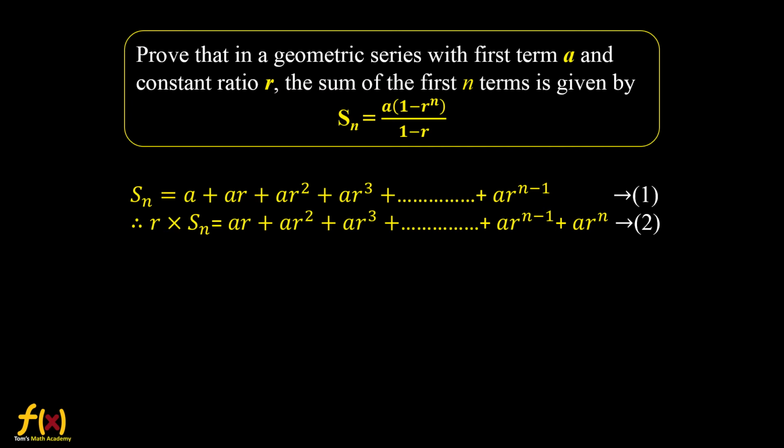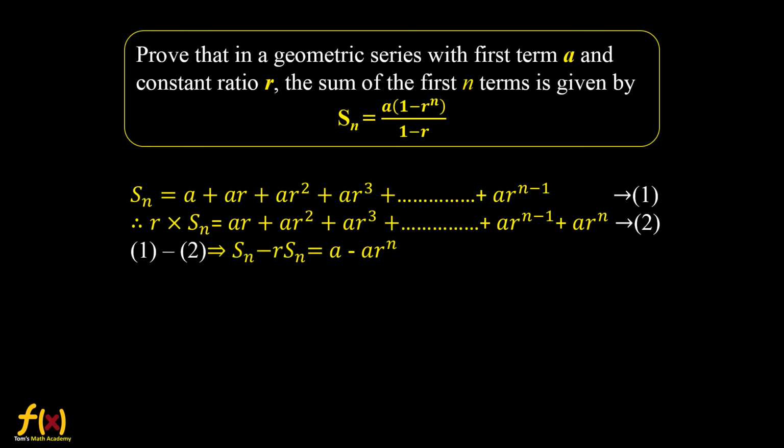So we get r times Sn equal to, multiply each and every term by r, we get ar plus ar square plus ar cube, up to the last term, ar to the power n. That is our equation number 2.